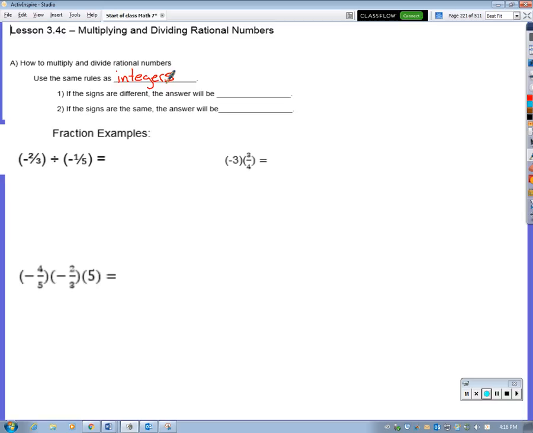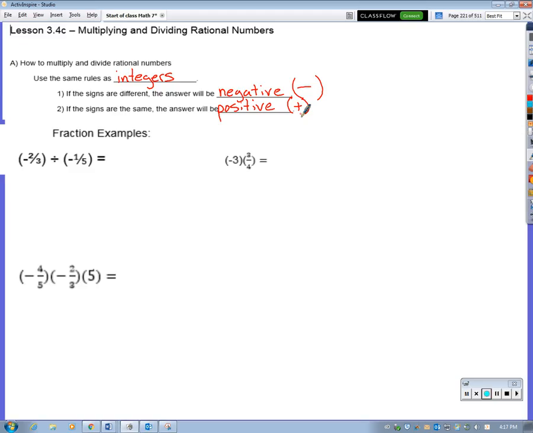The gist of it is, if the signs are different, the answer will be negative. If the signs are the same, the answer will be positive. That goes for multiplication or division.